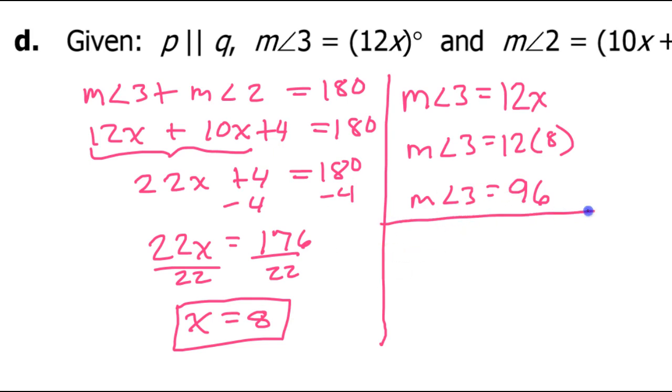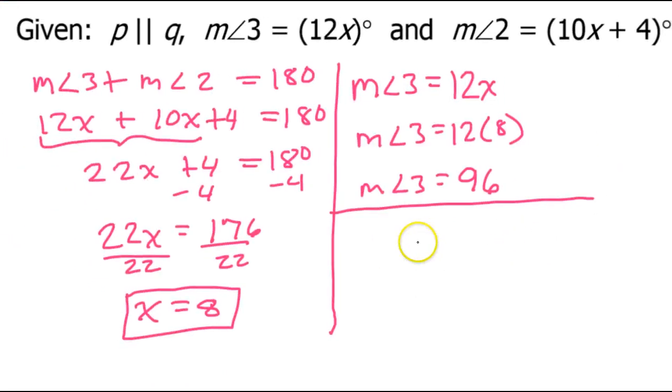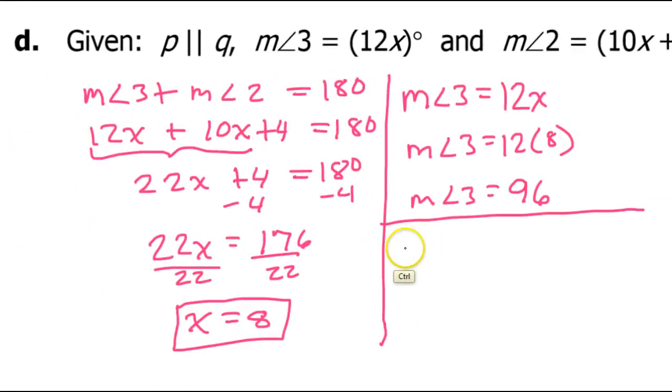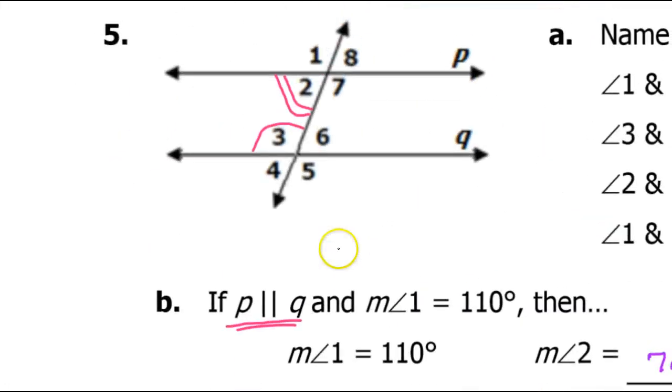But we are supposed to find the measure of angle 7. So the question is, how will that compare? Measure of angle 7. Let's take a look at the picture. Well, angle 3 and angle 7 are alternate interior angles. If the lines are parallel, these should be congruent.